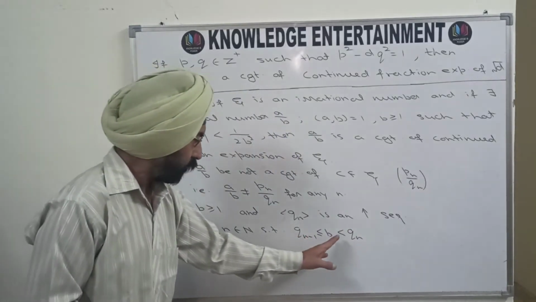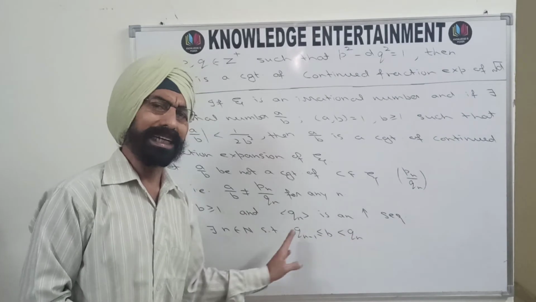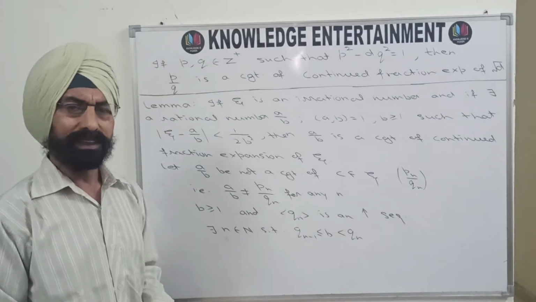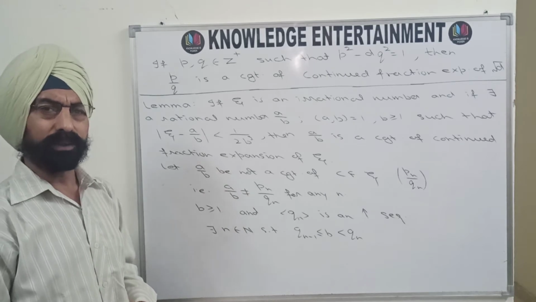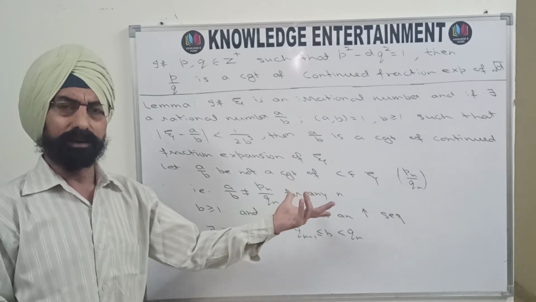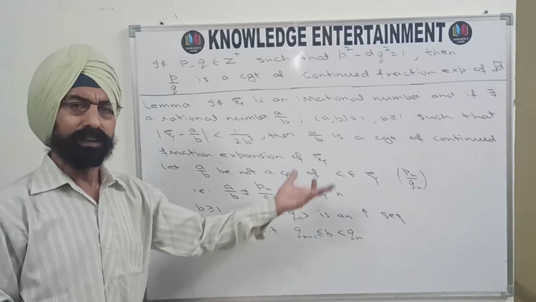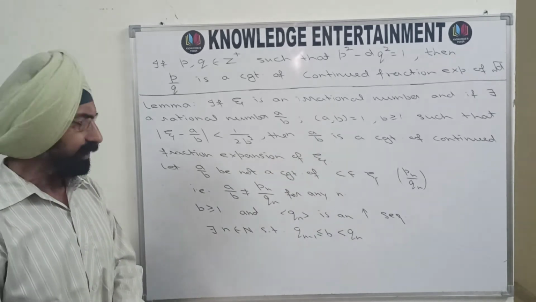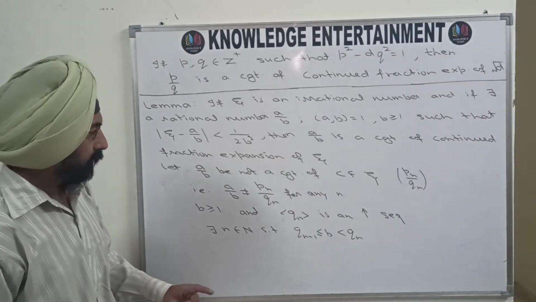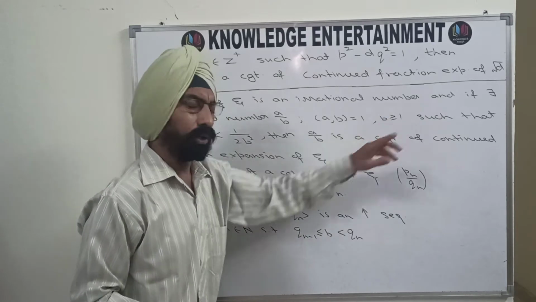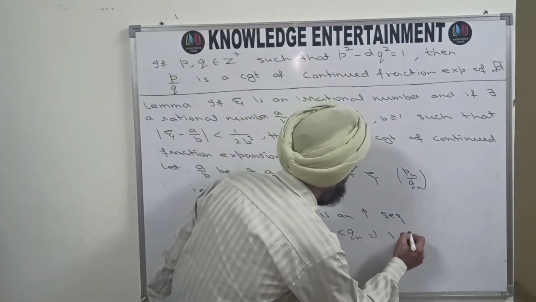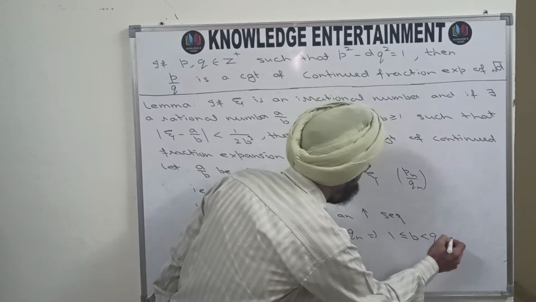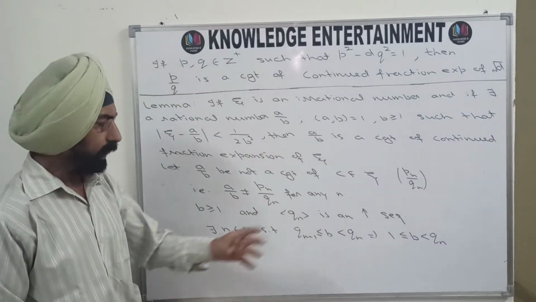That means b lies between two consecutive q_n's, and automatically a will also be lying between p_{n-1} and p_n, the numerators of the corresponding convergents. Also, b is greater than or equal to 1, so you can say that 1 is less than or equal to b, which is less than q_n also.